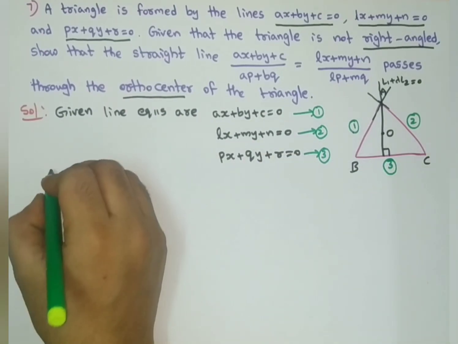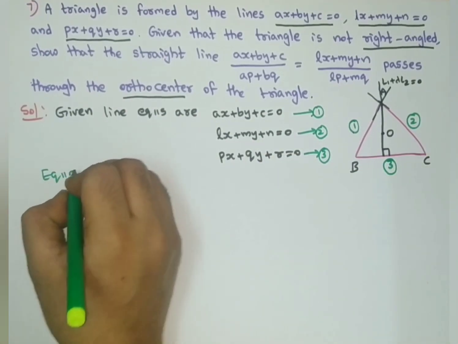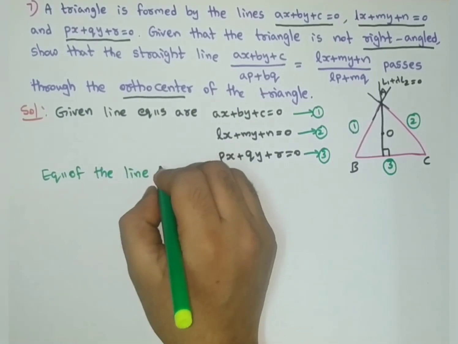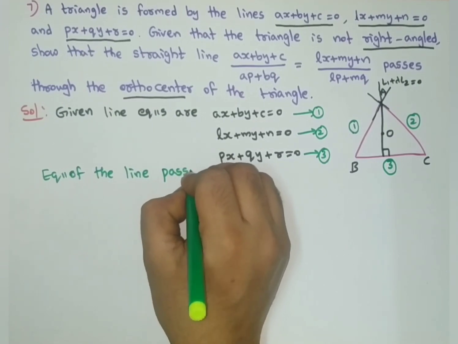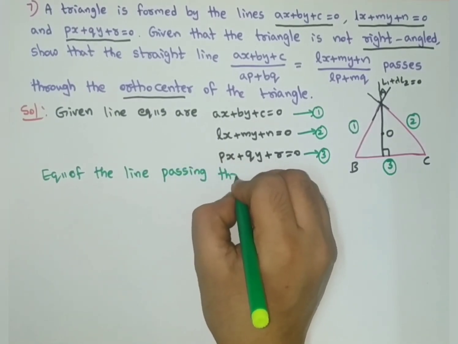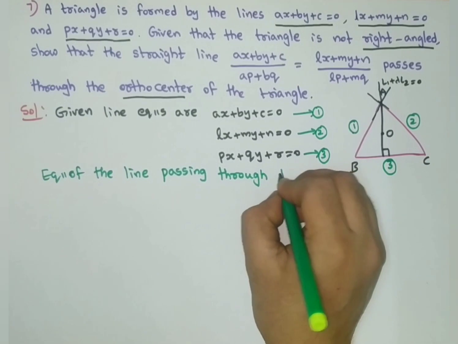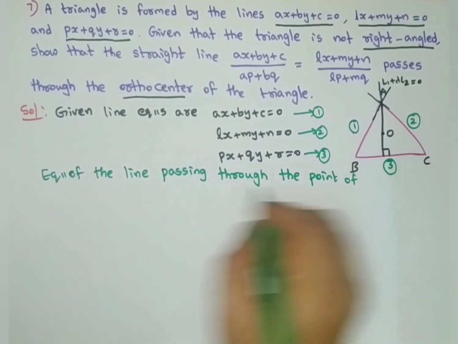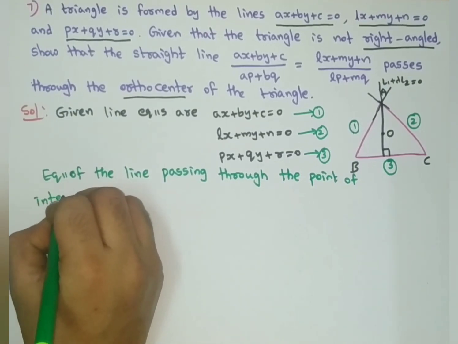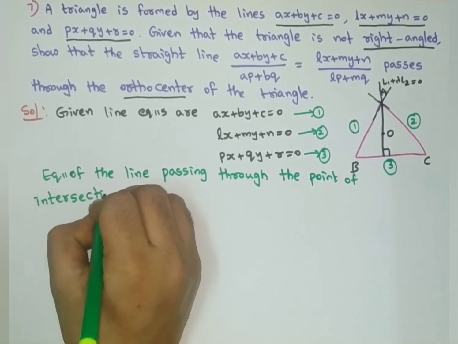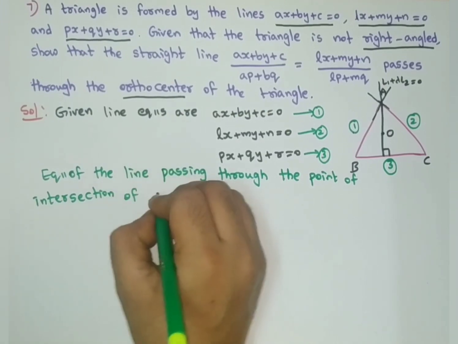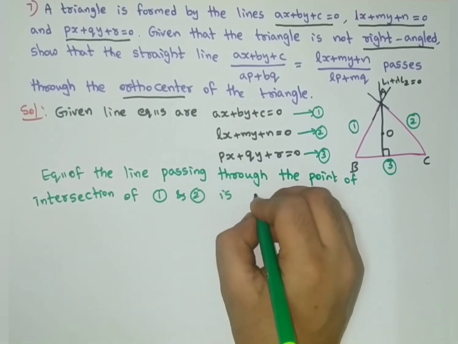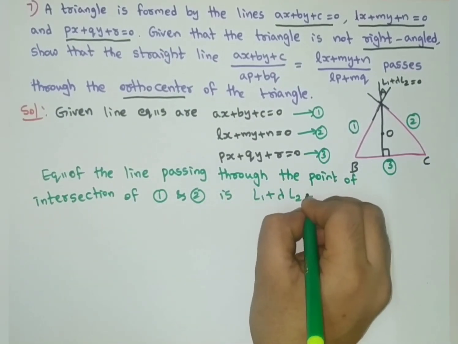Now equation of the line passing through the point of intersection of equation 1 and equation 2 is L1 plus lambda L2 is equal to 0.